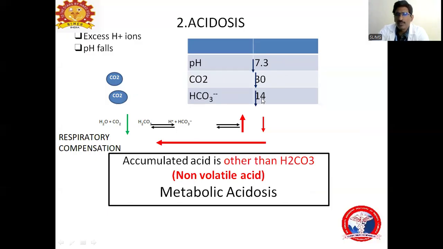So this tries to reduce or compensate for the metabolic acidosis. This is called respiratory compensation for a metabolic problem. So the accumulated acid is not carbonic acid, it is some other acid that is not volatile. Carbonic acid is called volatile acid because it can be excreted through the lungs.